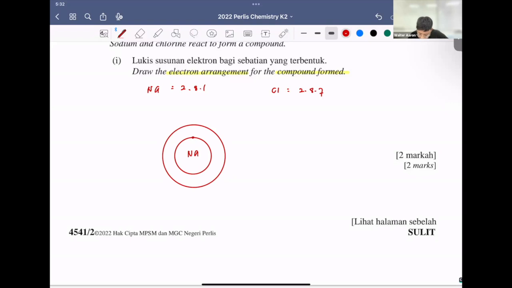Sodium itself has only two shells, but the two shells are fully occupied, or you may say it has an octet electron arrangement. Then you put a plus sign to show that it is an ion. The other one is very simple. We have chloride.